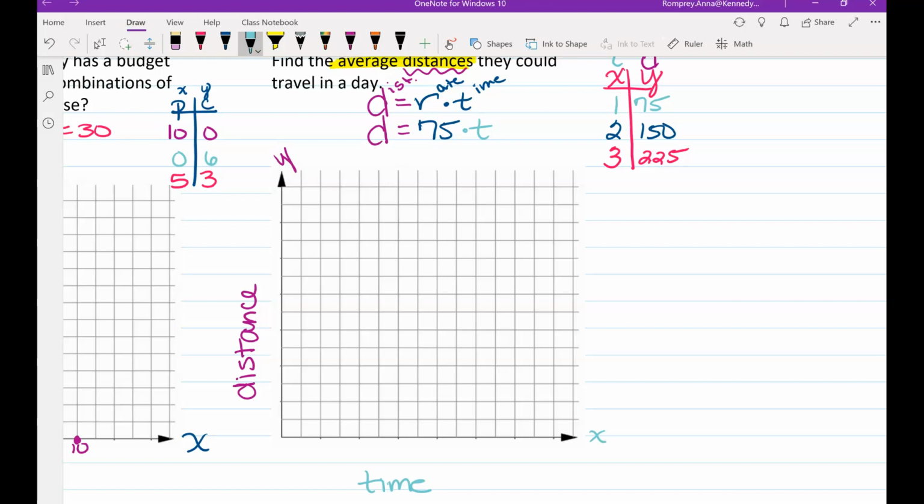So I'm going to go ahead and split this up so I have some room. So 1, 2, 3, 4, 5, 6. I just need a few points. And for distance, I'm going to make it super easy on myself. And since we are jumping up by intervals of 75, I'm going to number by intervals of 75.